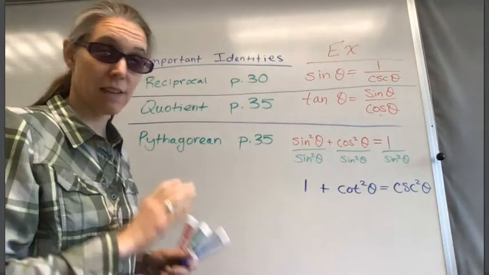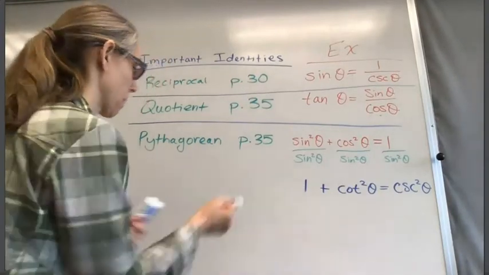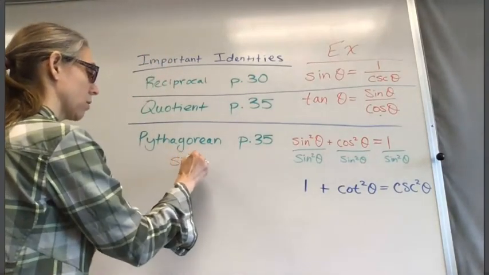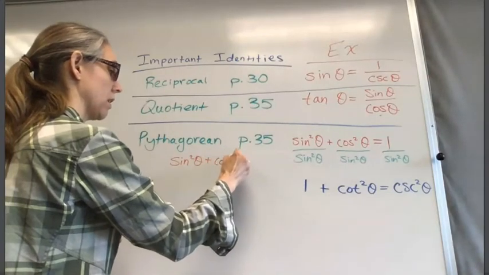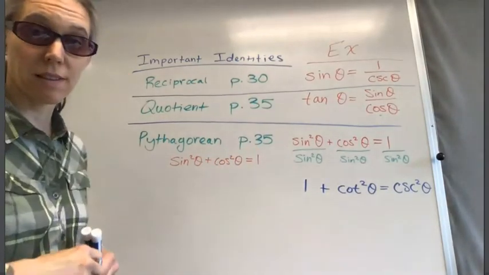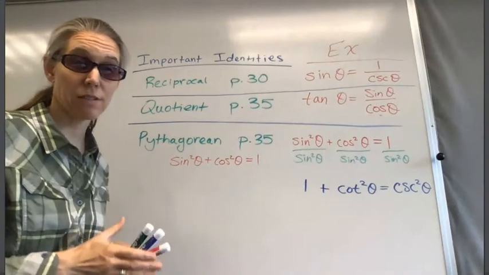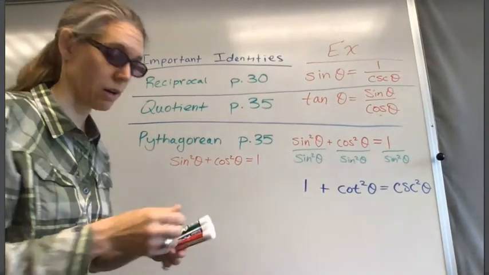Let's say we did this exact same process again. Sine squared plus cosine squared is equal to 1, except this time, let's divide every single term by cosine squared.